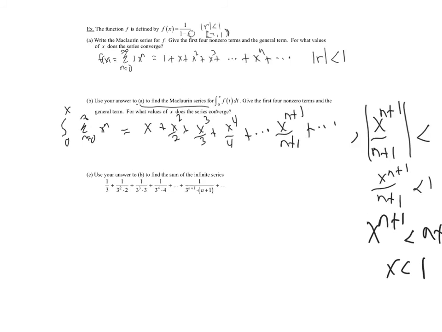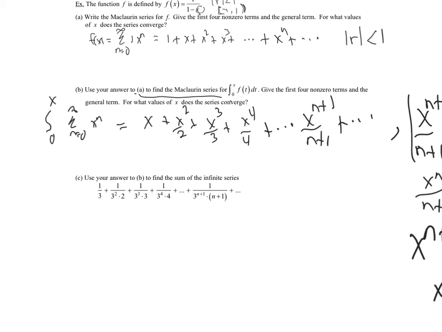One thing I did notice that I didn't do right. I was supposed to take all of this, let me put it in red, all of this from, it was supposed to be a t here. Let me fix it up. Going from 0 to x, which means plug in the x and then plug in the 0 and subtract.